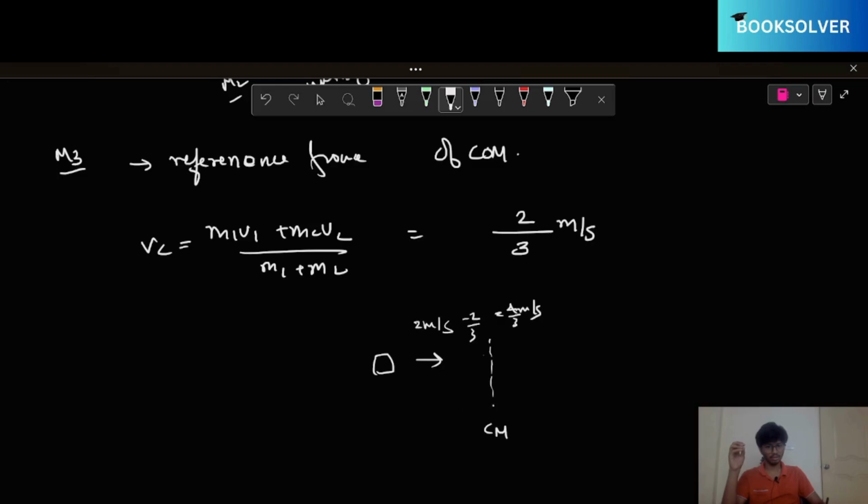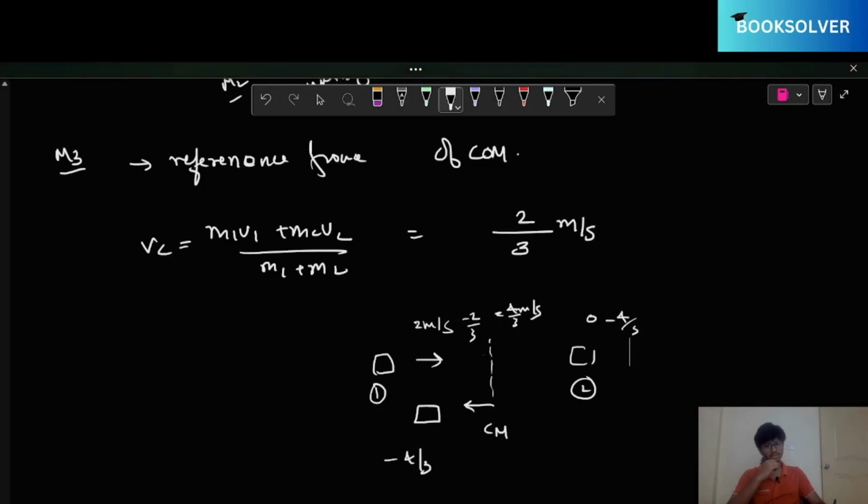Then it will go back with the same speed, minus 4 by 3 meters per second. And block 2 is coming at a velocity of 0 minus 2 by 3, so 2 by 3 meters per second, and it will go back by 2 by 3 meters per second. This is all happening in the frame of the center of mass.